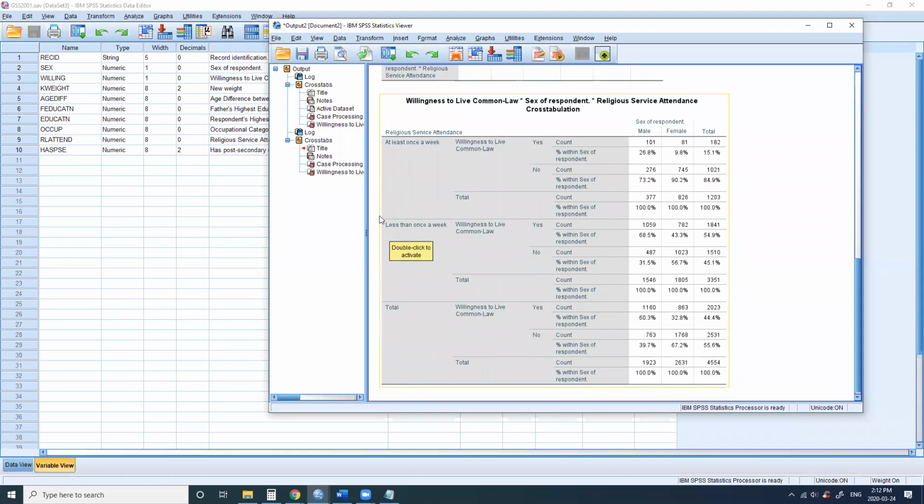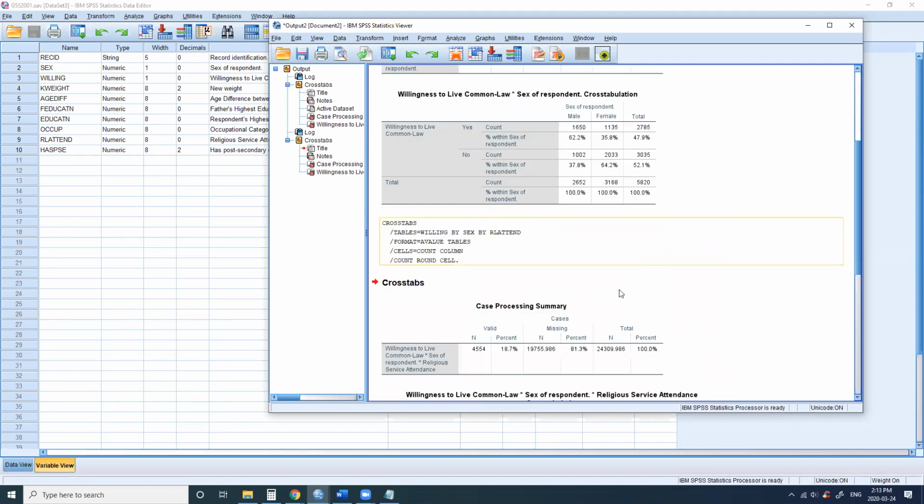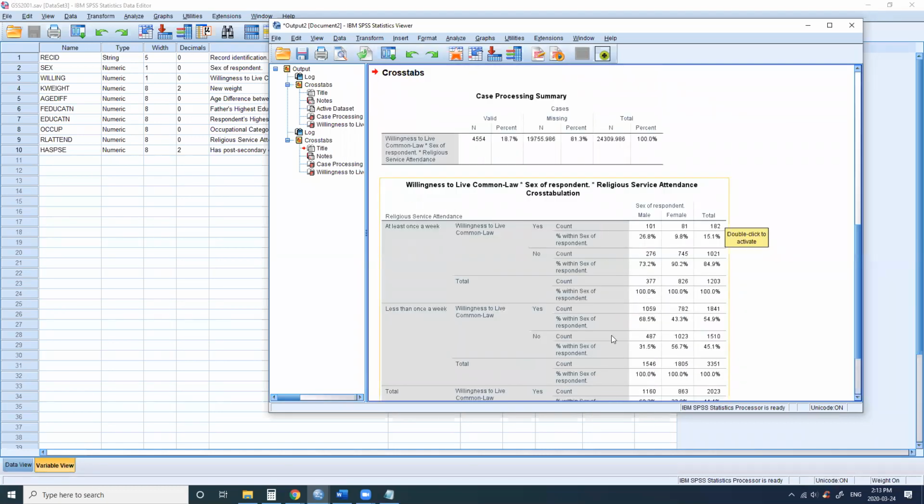However, amongst those who are not religious, the gender gap remains 25 points, which is basically unchanged from 26 points. So after controlling for the effect of religious service attendance, we find that the size of the gender gap changes, right? It's different in the different partial crosstabs.